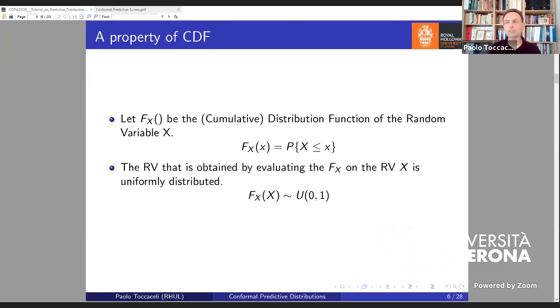Before I provide the definition of conformal predictive distribution, I want to remind you of the property of cumulative distribution functions.